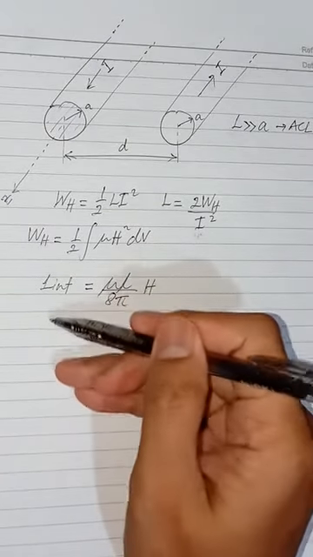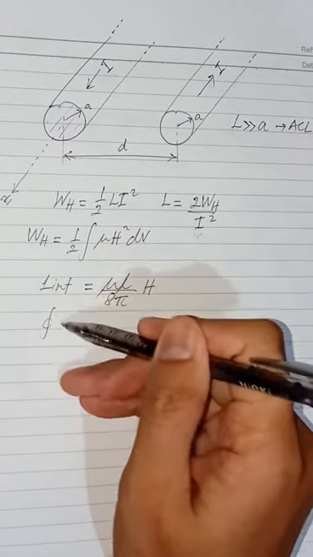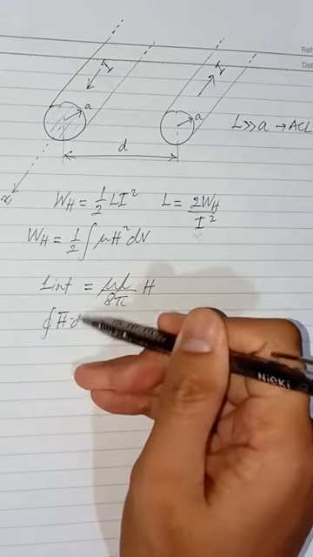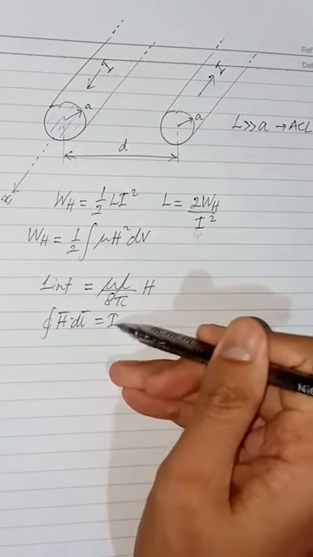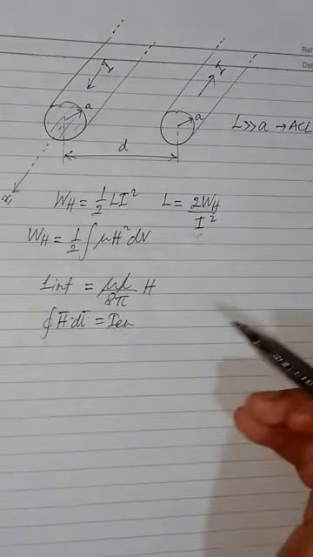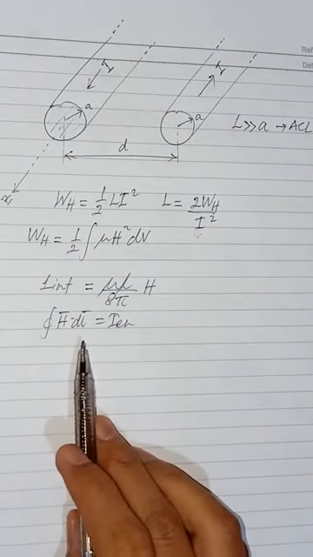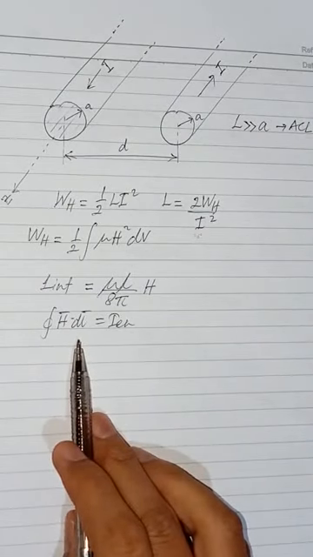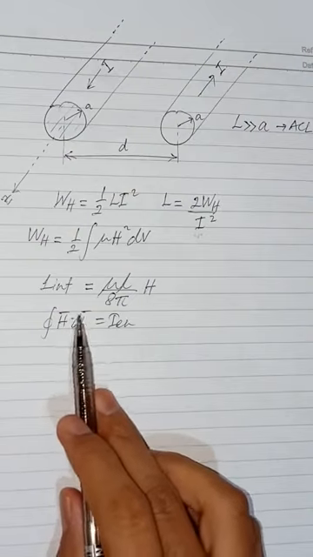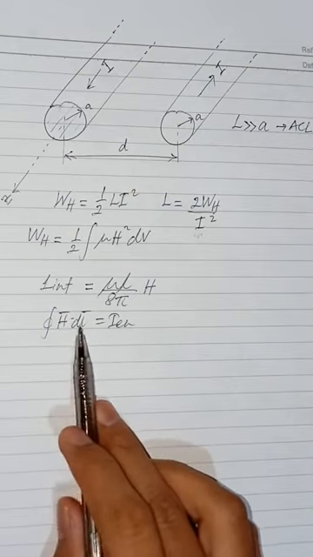The closed integral of H dot dl equals I enclosed. Since we are using this law, we have to draw our Ampere loop. The L here refers to the Ampere loop.